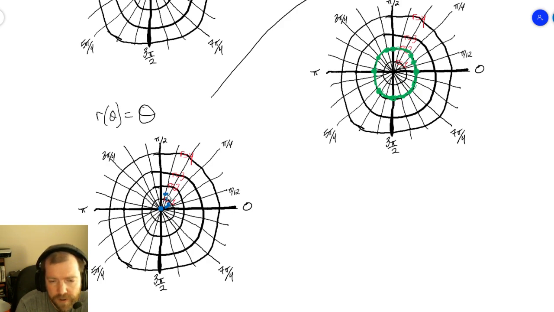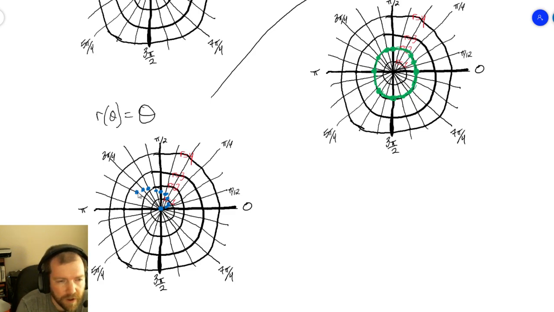Pi over 2 is going to be 1.57. All right, and then we get 1.83, 2.09, 2.35. These are approximations. Just keep having to tell myself that.